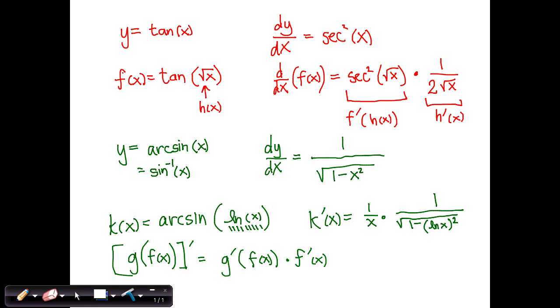So you can write this out. You can write out what's the f of x and g of x in this situation, if that's helpful. And this, the outer function, the g is the arcsine, or this is my g prime of f of x, g prime evaluated at f of x.